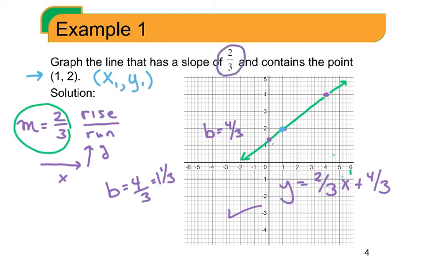What this tells me is that if I start at the point (1, 2), because that's a little clearer, the run is 3. So if I go 1, 2, 3 units to the right, I should go 2 units up. And that's exactly what happened. So that's further evidence that we have the right line.